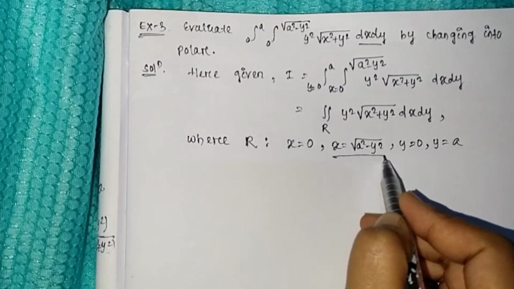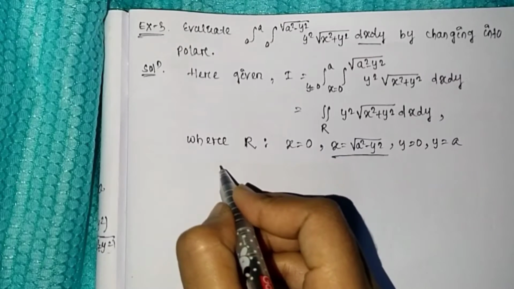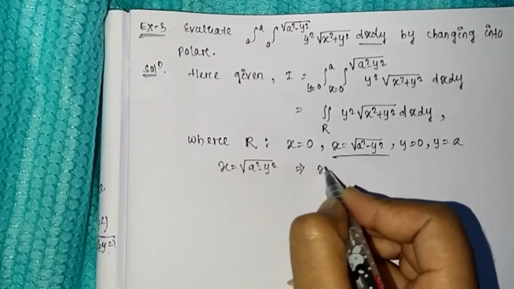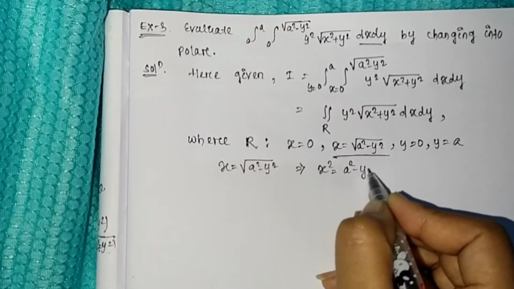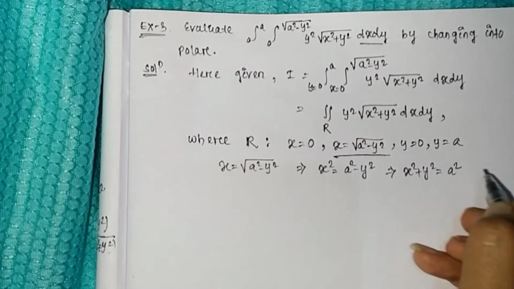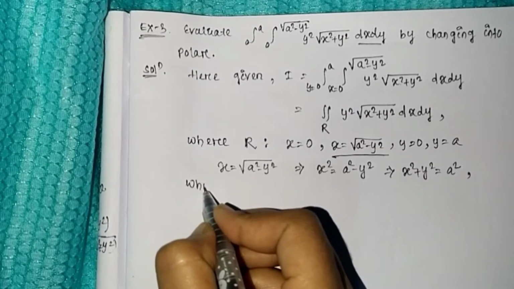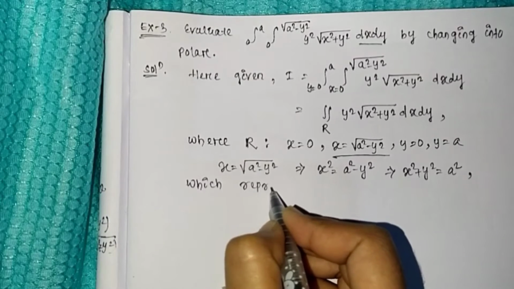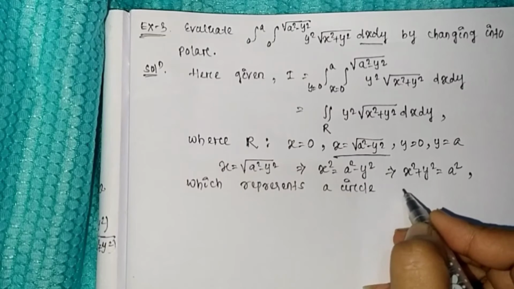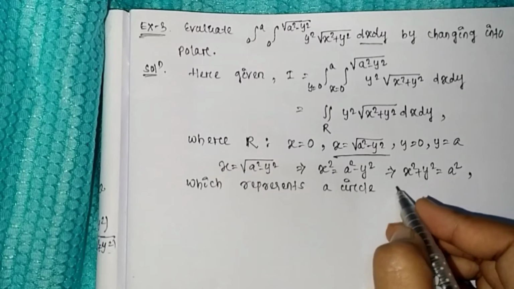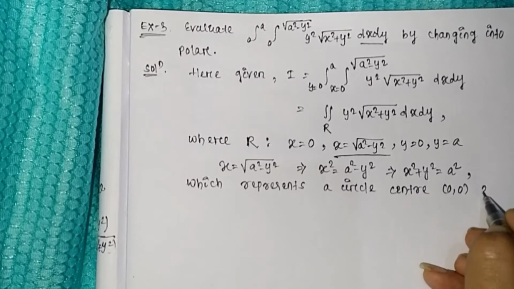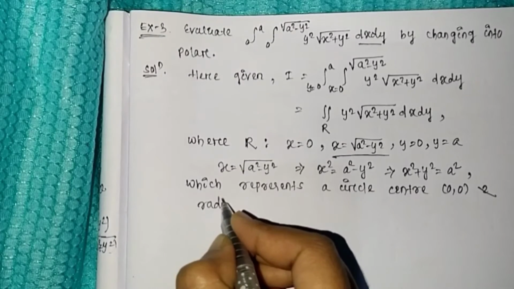Then the equation x equal to root over of a square minus y square implies x square equal to a square minus y square, which implies x square plus y square equal to a square, which represents a circle whose radius is a and center is 0 0.